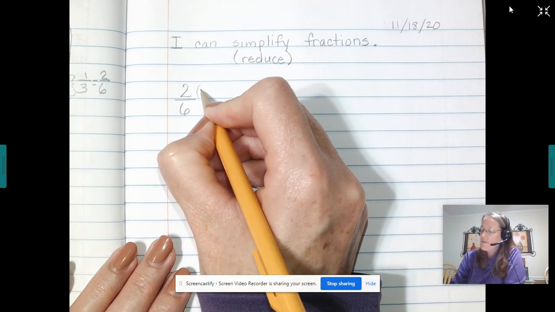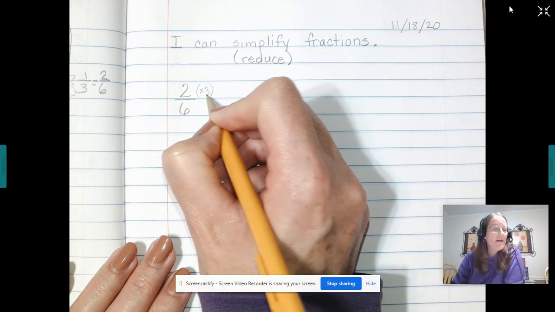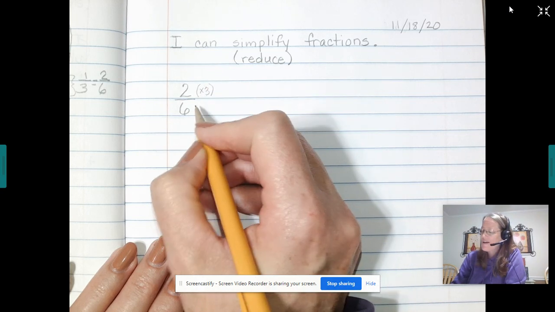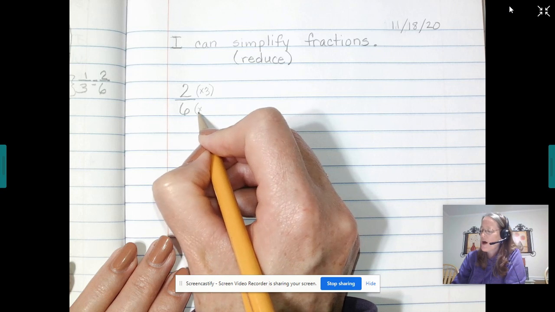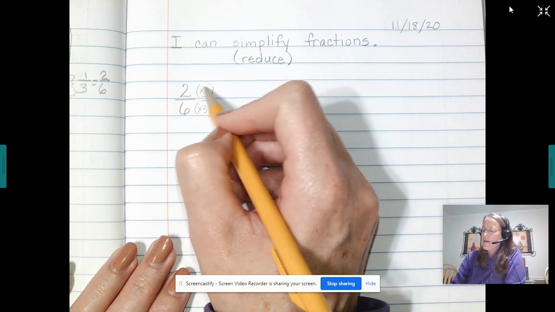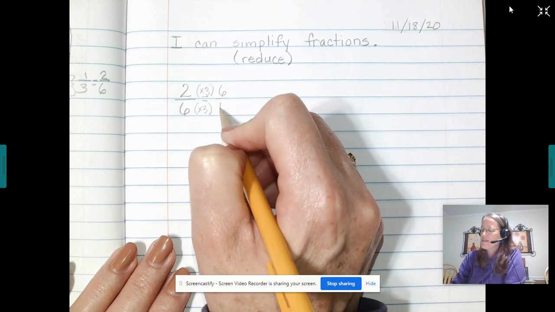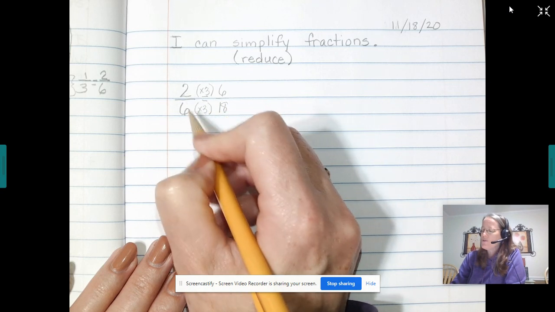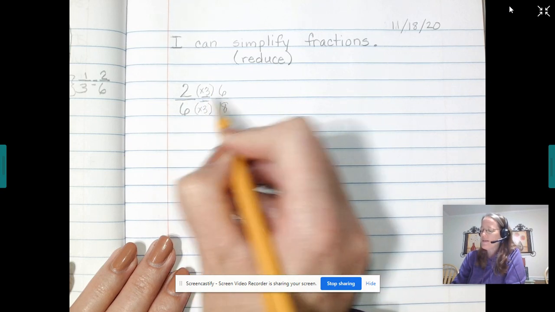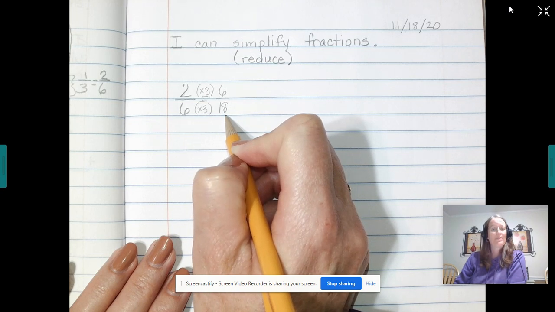I can multiply my numerator by 3. Remember, whatever I do to the numerator, I have to do to the denominator. And this creates an equivalent fraction. 6 times 3 is 18. 2 sixths is equivalent to 6 eighteenths. It represents the same amount.